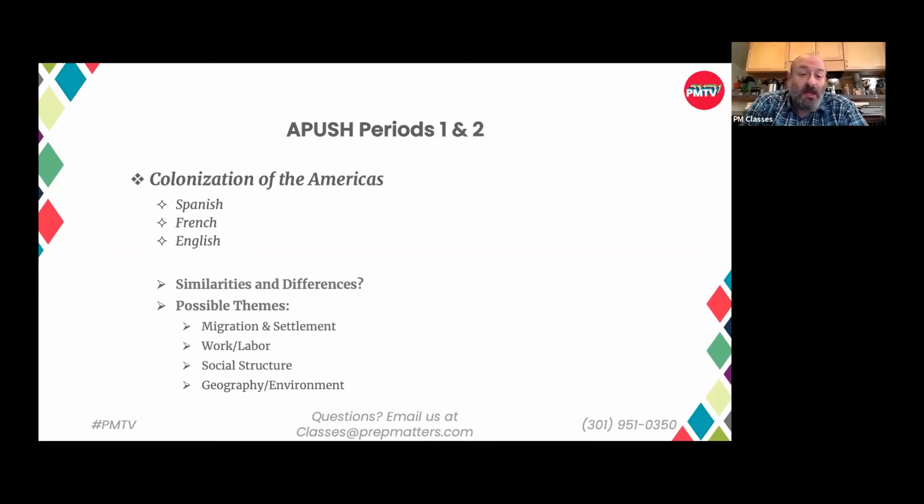So thinking about the Spanish, the French, and the English, and obviously there are other European powers colonizing the Americas as well, but I'm going to focus mostly on those 3 that really set up the lands that become the United States.